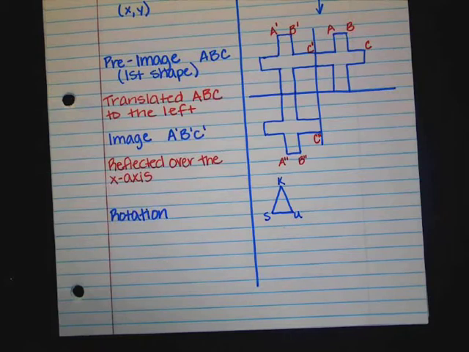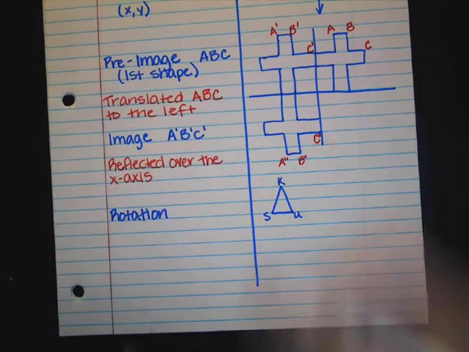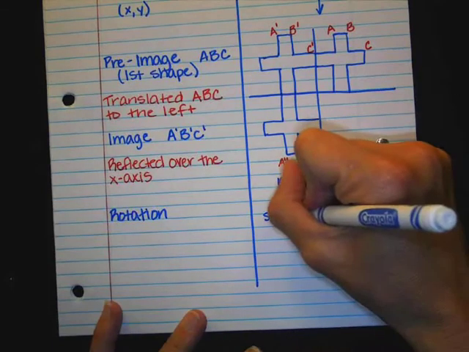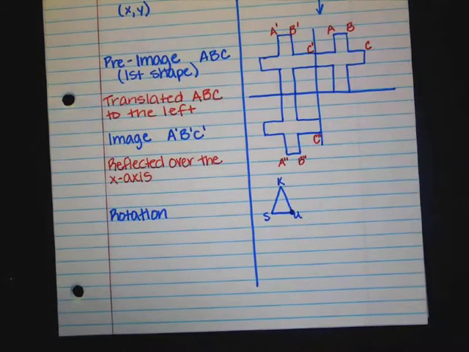Now remember when we were talking earlier, we can have that point of rotation be anywhere. So I think I'm going to put the point of rotation here at the U. So it's like I'm hammering in a nail, and now this triangle is only going to rotate around that point.